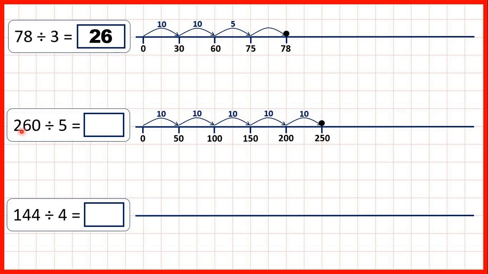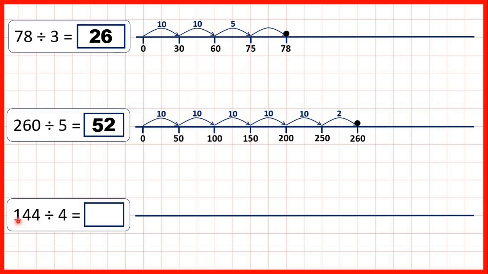But we need to get to 260, so we need 10 more. Well, 2 times 5 is 10, so if we make a jump of 2 times 5, that will take us to 260. So altogether, we've jumped 10, 20, 30, 40, 50, 52, so that's our answer.